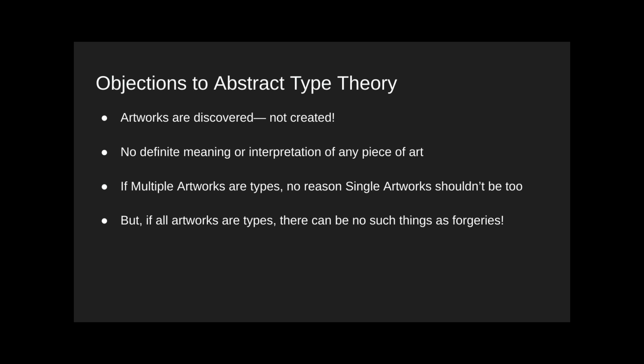Well, another weird consequence of all of this is that if artworks aren't created but are just discovered, and they exist outside of time and space, there's no real definite meaning or interpretation for any piece of art. If you think about a piece of poetry, you might think that it is just some abstract sequence of words. That, of course, makes you wonder what exactly a word is.